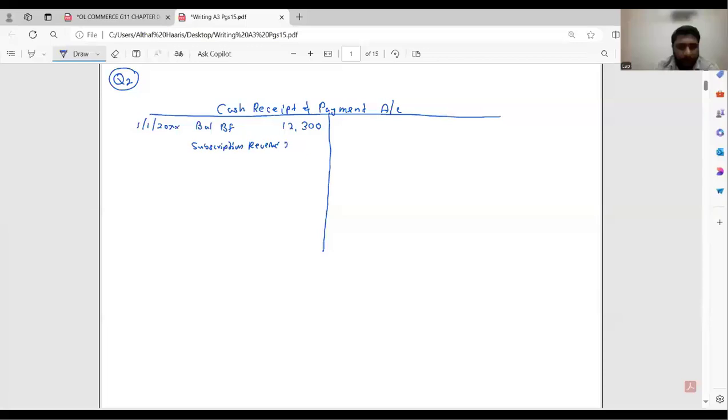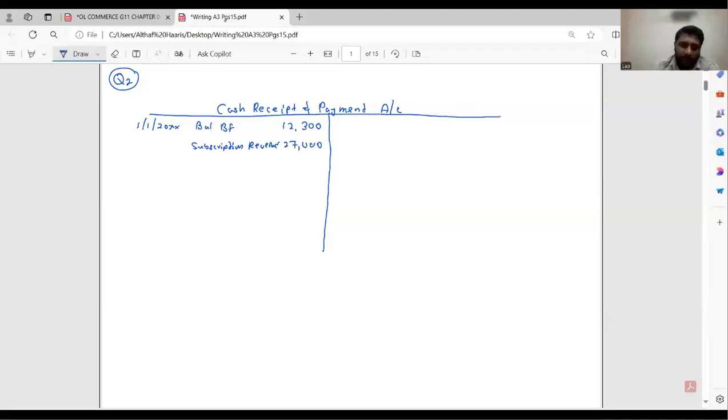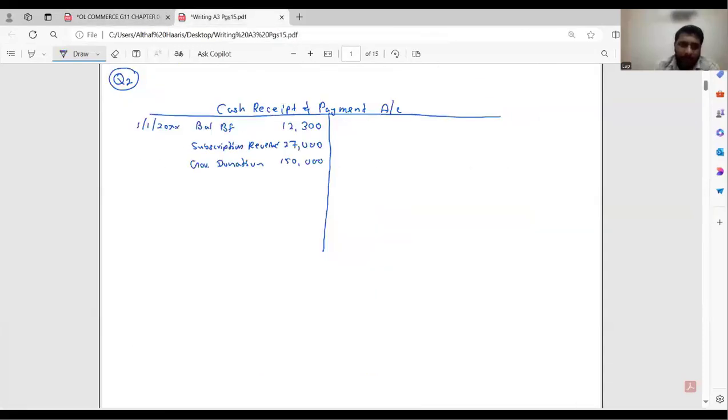Then donation from government 150,000. Interest income 15,000. Done.